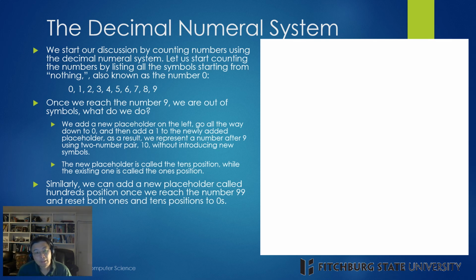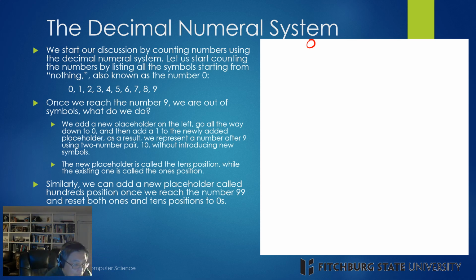Okay, so let's talk about how the decimal numeral system works. We're going to start our discussion by counting numbers using the decimal numeral system. Let's start counting from zero. So we start with the number 0, which basically means nothing, and then we add 1.